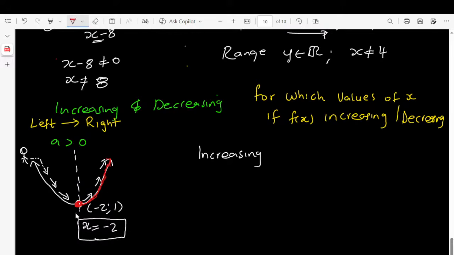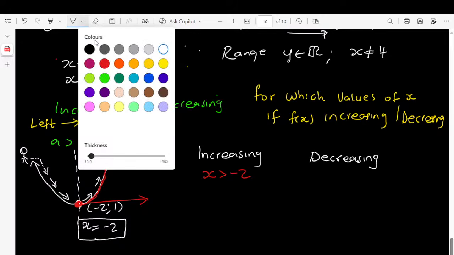So this tells us that f at x is increasing if x is greater than what? Is greater than -2. Please don't say greater or equal to. Just say it's increasing if x is greater, because we start from -2, we go in that direction. So x must be greater than -2. If they ask you where is this graph decreasing, it's going to decrease. Look at this.